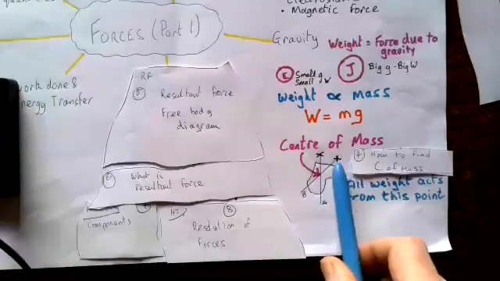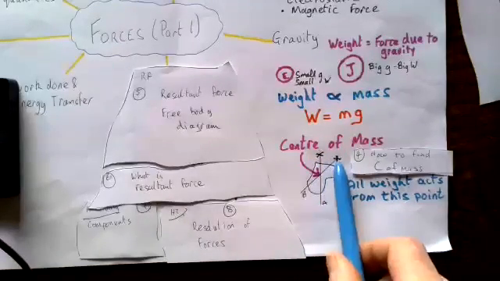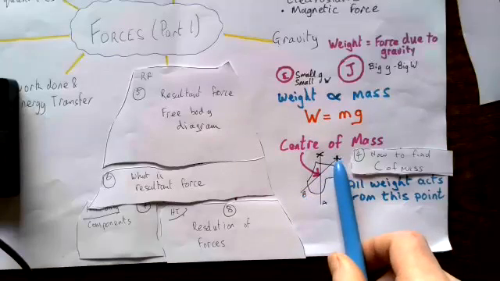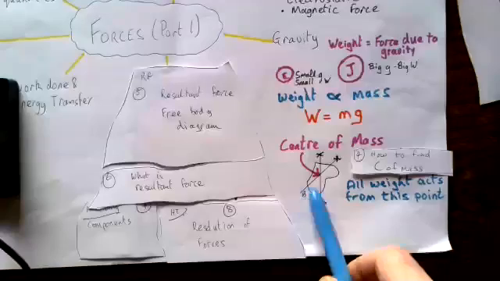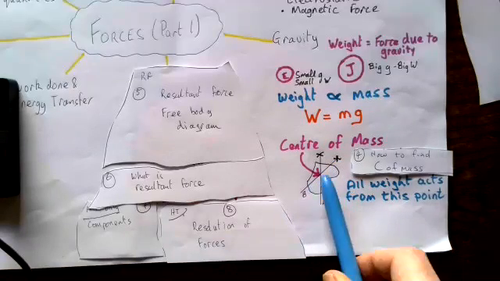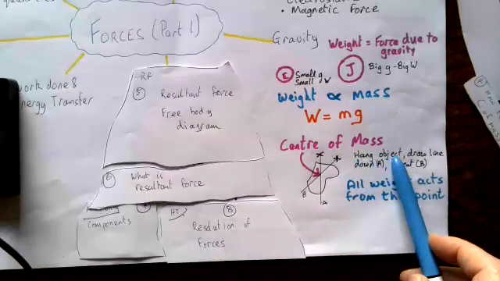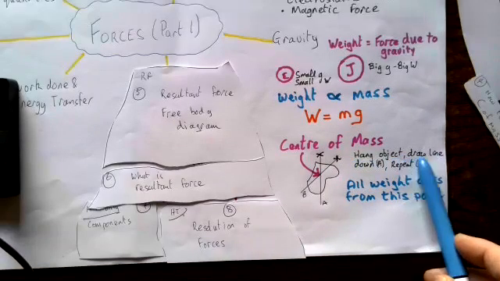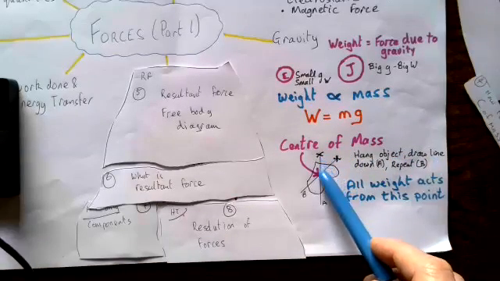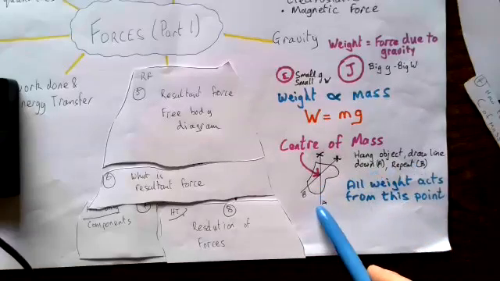If I then change the position and rotate it around, say this is where I hung it from the next point, and draw a line straight down, we'd have another one. Where those two lines cross is your center of mass. So basically you hang the object up, you draw a line straight down from the point where you hang it, like point A.